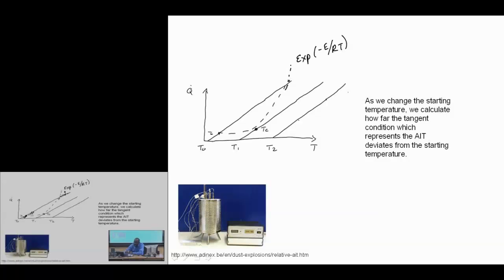As we change the temperature, there's a critical temperature where it's tangent, and that tangent condition is associated with this autoignition temperature. The typical question that arises, and it's a theoretical question more than anything else, is that the vessel was at T1, but this tangent condition is at Tc.